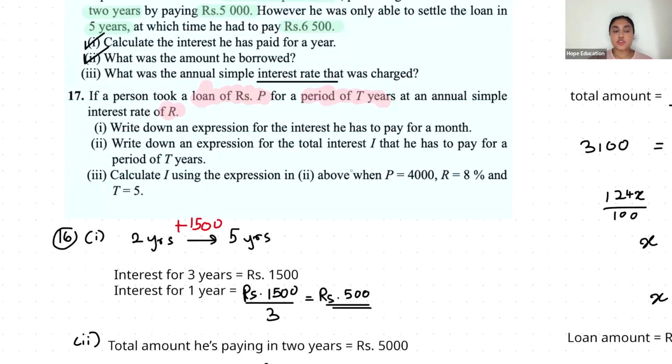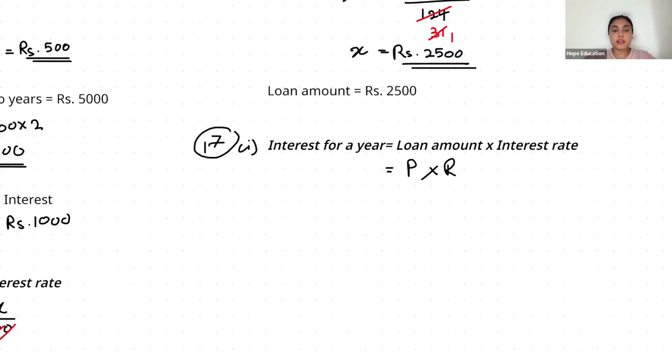So first Roman number, write down an expression for the interest he has to pay for a month. If this is the interest he has to pay for a year, what is the interest he has to pay for a month? That means PR, you have to divide by 12.